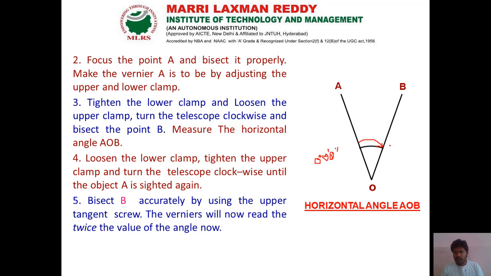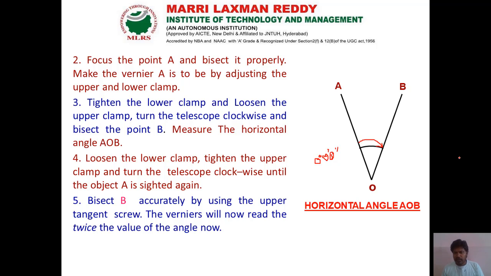Now I have to focus on the point B and bisect it exactly. After that I have to tighten the upper clamp screw. Now I have to see the vernier A and vernier B readings. In vernier A I have to note down degrees, minutes and seconds, but in vernier B I can take only minutes and seconds.